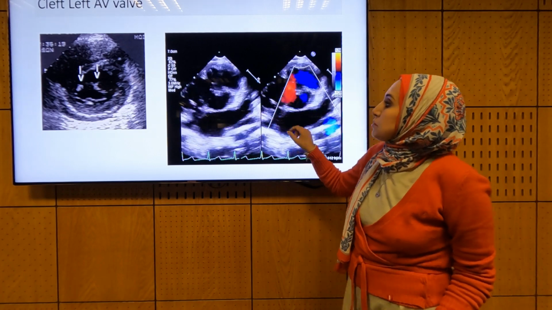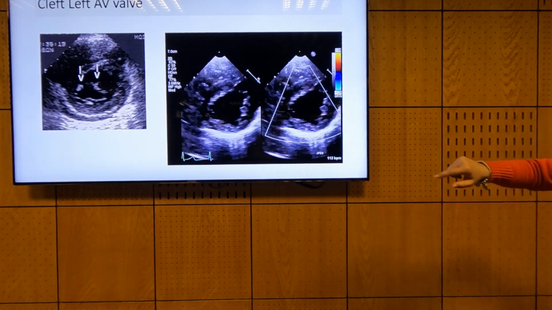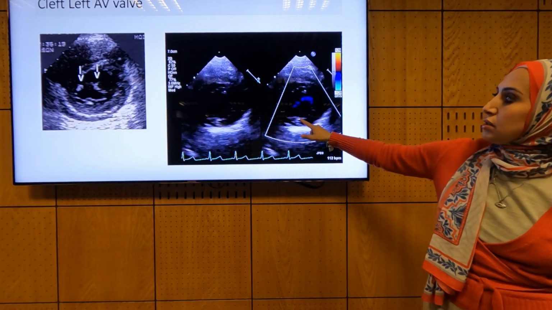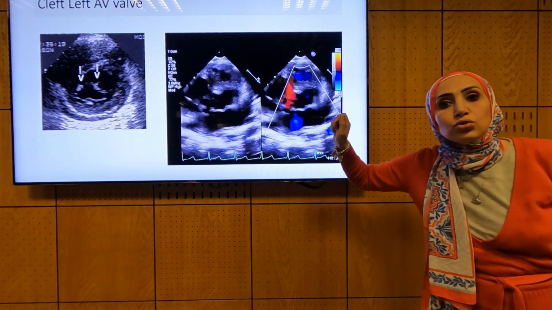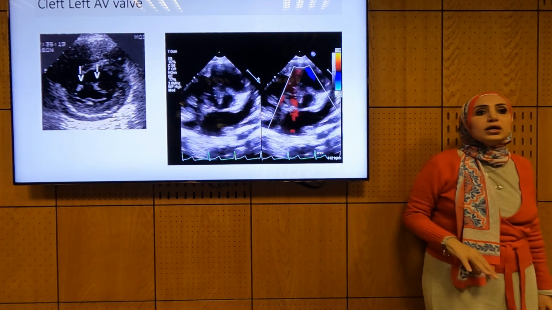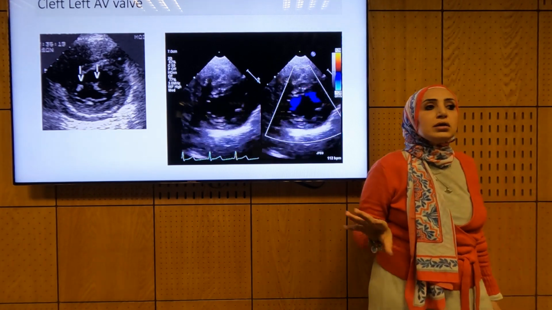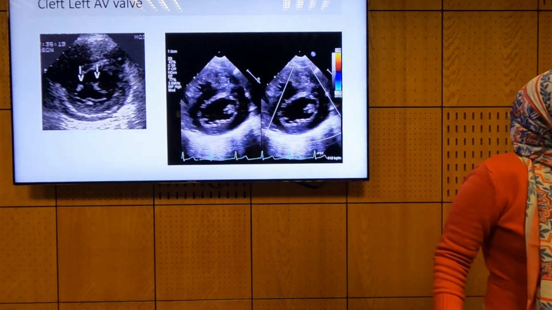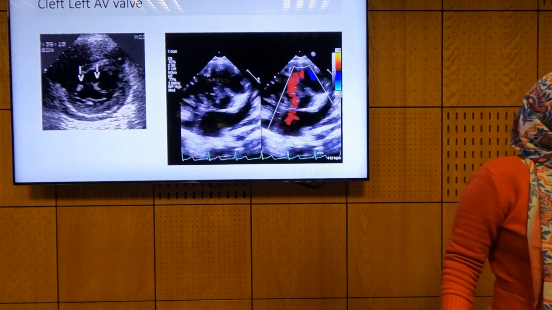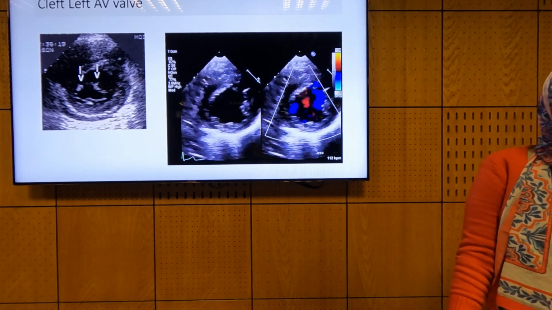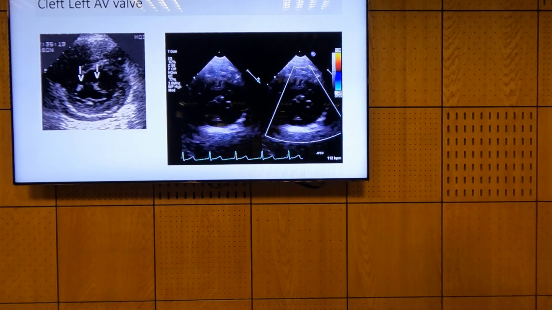So you will find the mitral, this is the papillary muscle, this is the posterior, and this is the anterior, clefted or injured, or there is a tear. If you have an inlet VSD in your report, you have to say whether you have overriding, straddling, and what about the left AV valve. Is it clear? Okay.